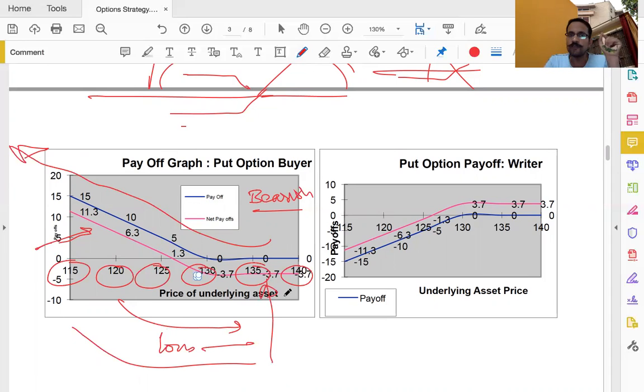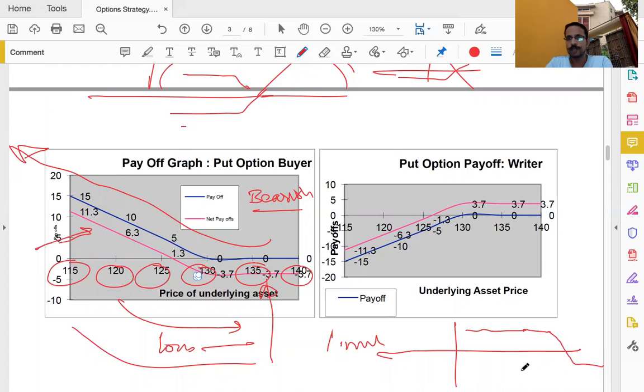There's no infinite loss either in a call option or in a put option, and that's the beauty of derivatives. You are insured, right? You are limiting your losses. And when you compare the payoffs, a put option buyer is like this, and the payoff of a put option writer will be like this. So it is just the opposite of what was happening in case of the call option.